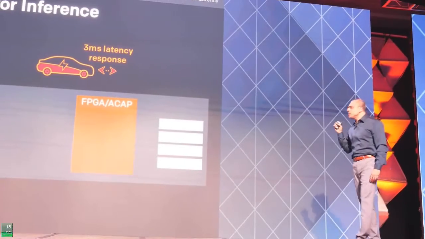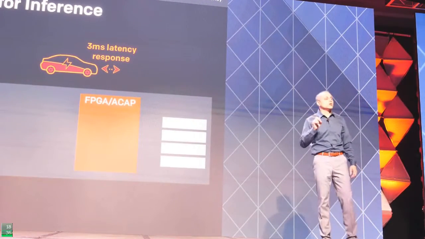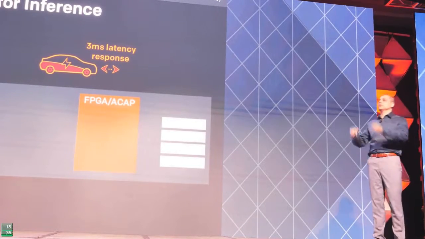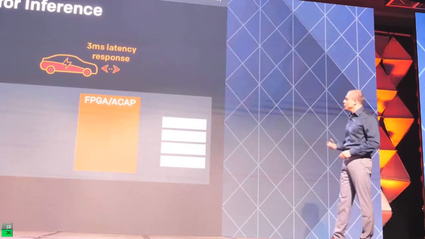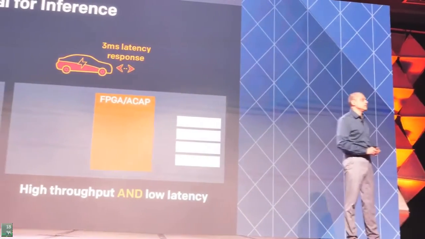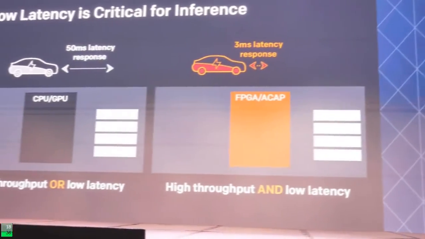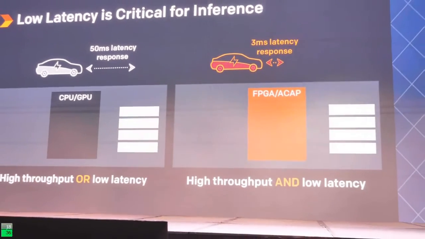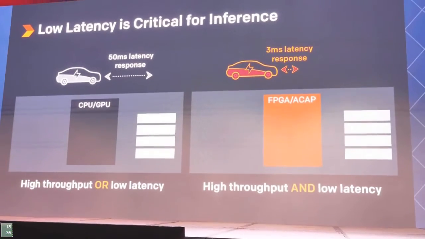Now, the way FPGAs and ACAPs handle throughput is by customizing again the data flow, customizing the precision, customizing the memory hierarchy. So what you get here is high throughput and low latency. Let me show you a benchmark example to illustrate this point.